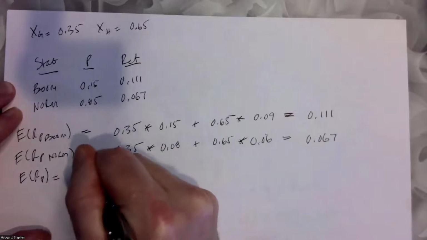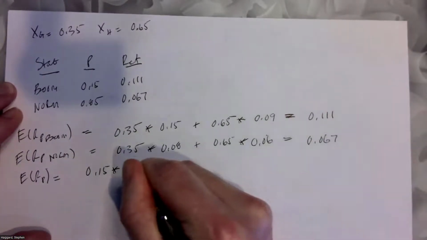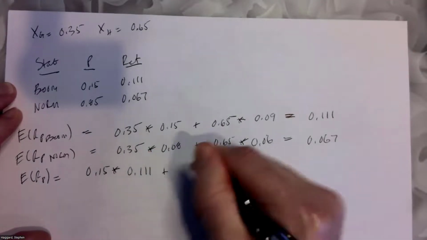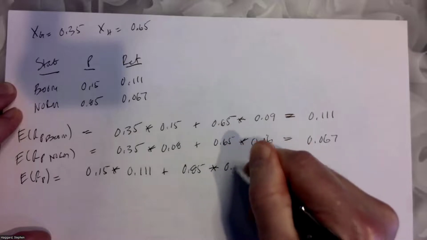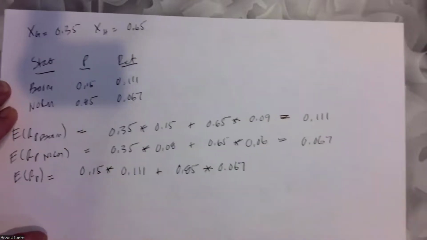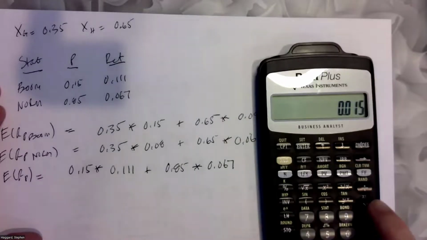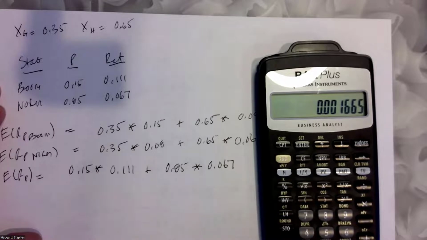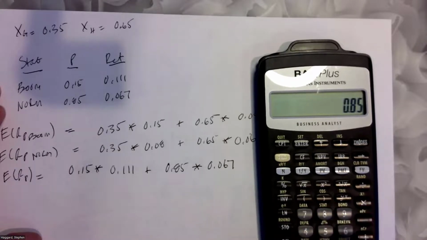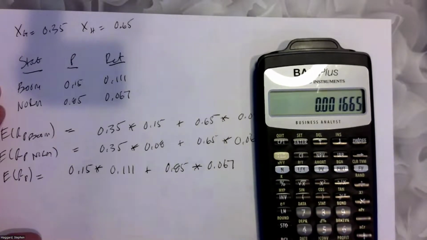Yeah, so we've got 0.15 times 0.111 plus 0.85 times 0.067. So I'm going to say 0.15 times 0.111, store 1. 0.85 times 0.067, store 2. Recall 1 plus recall 2 equals.